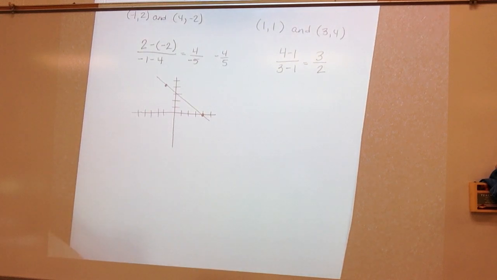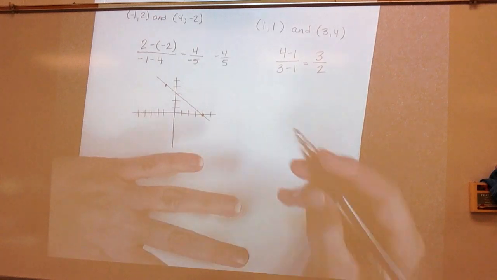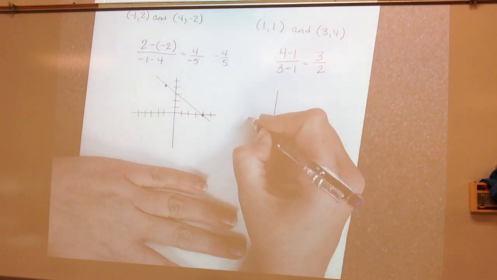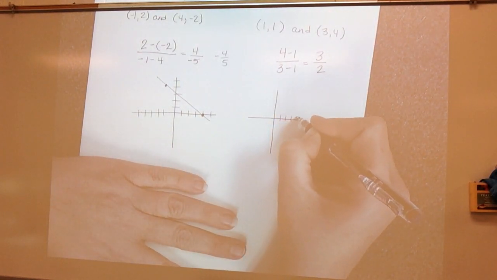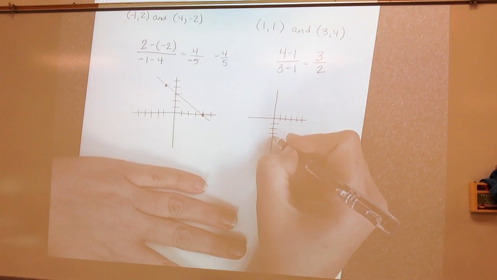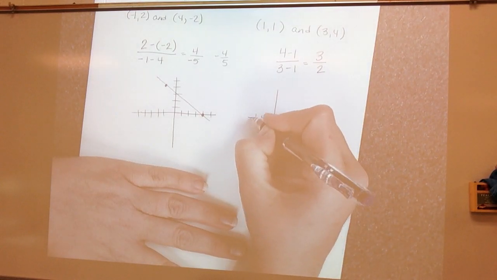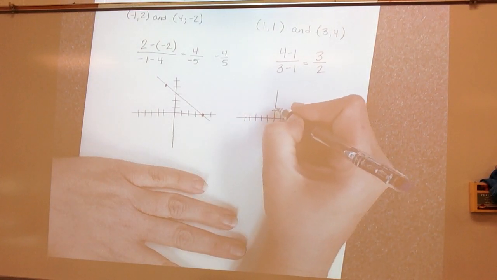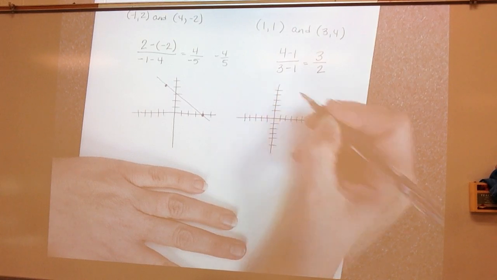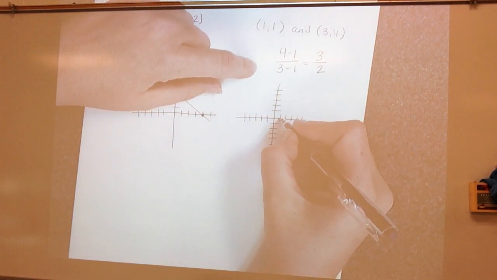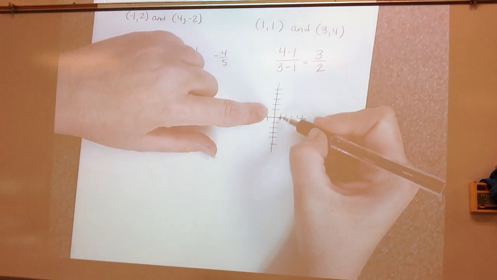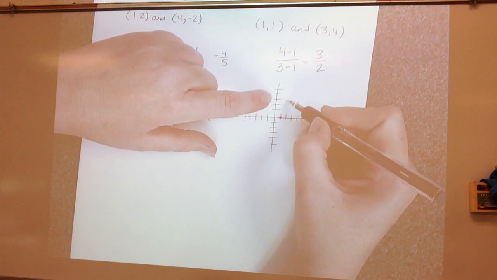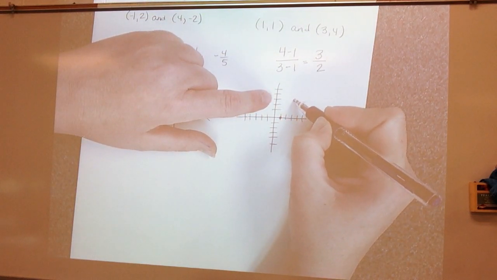What would 3/2 look like? So choose a point. I'm going to rise 3, 1, 2, 3. I'm going to go to the right 2.